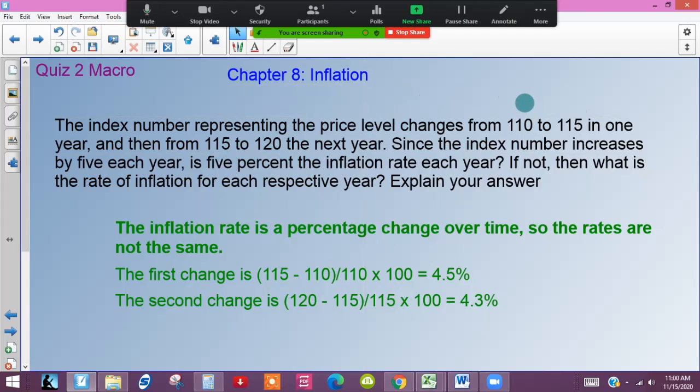So when you think about 110 increasing by 5, 5 is a larger percentage of 110 than it is of 115. So when we look at percentage change, we're going to get a slightly different percentage for our rate of inflation.